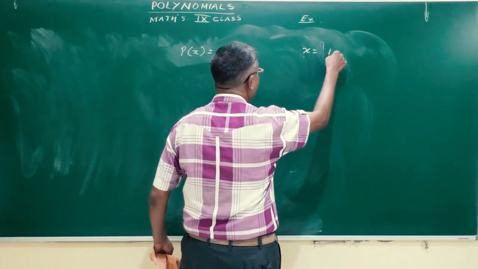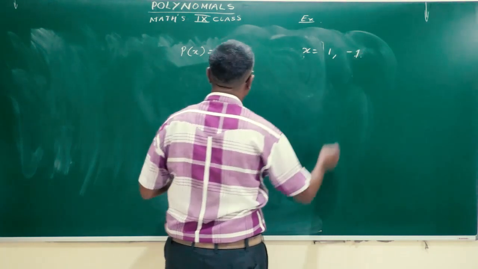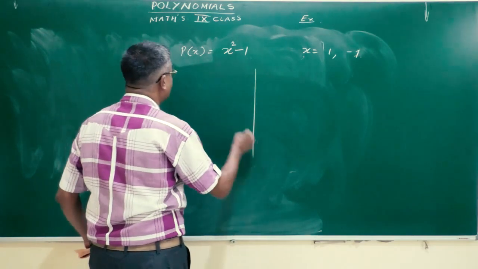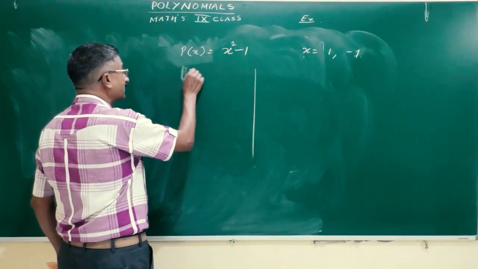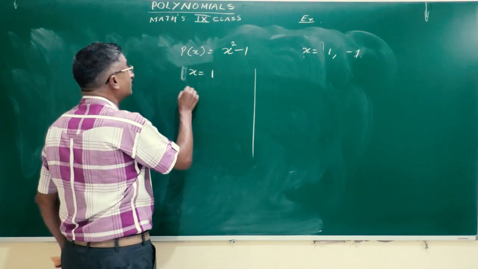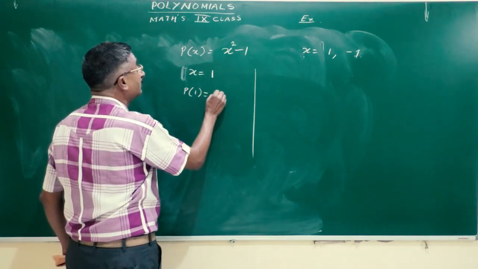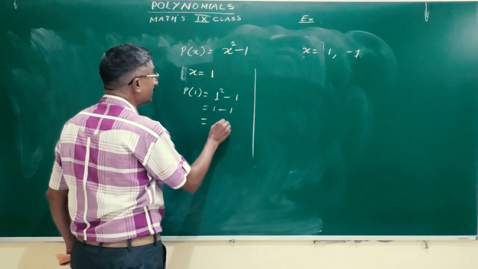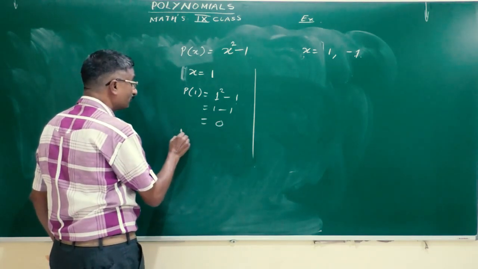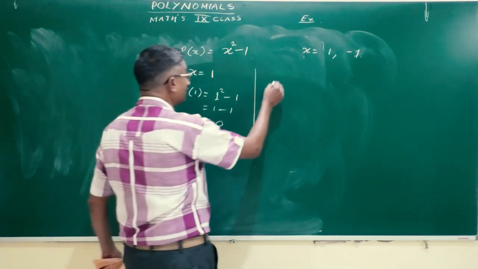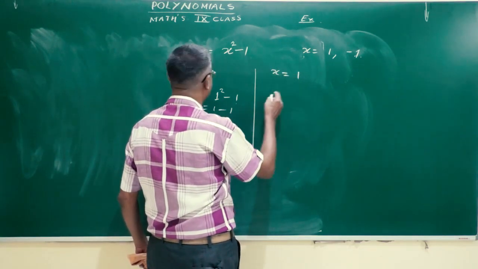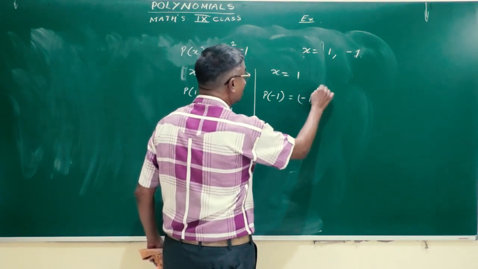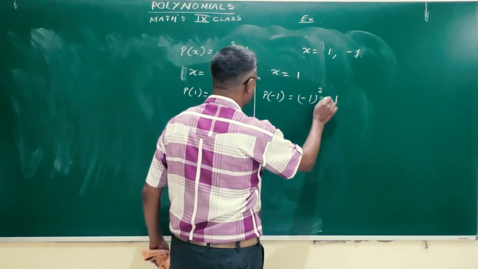Now third, P(x) is equal to x square minus 1. X is equal to 1 and minus 1. So first of all we will substitute x is equal to 1. So P of 1 is equal to 1 square minus 1. So this is 1 minus 1. So this is equal to 0. Now x is equal to minus 1. So P of minus 1 is equal to minus 1 square minus 1.